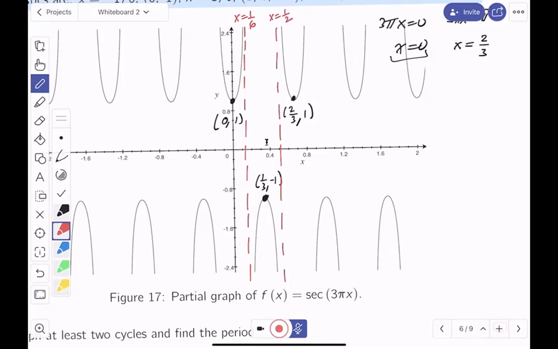All right, let's talk about the period. The period is the distance between the beginning and end. Well, 0 to 2/3, that's going to be 2/3. All right, relatively simple. There is no amplitude.